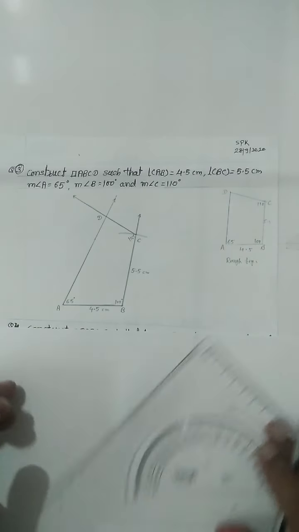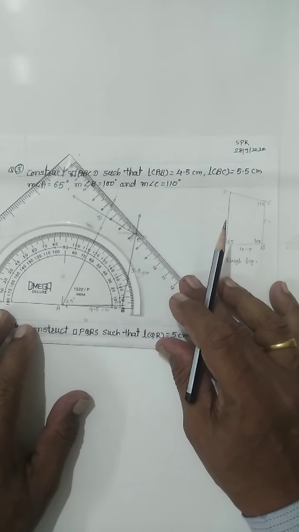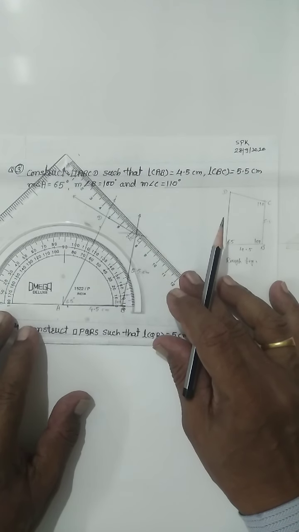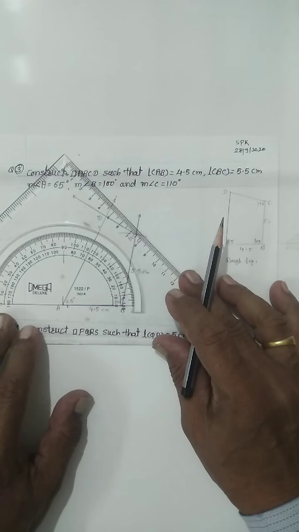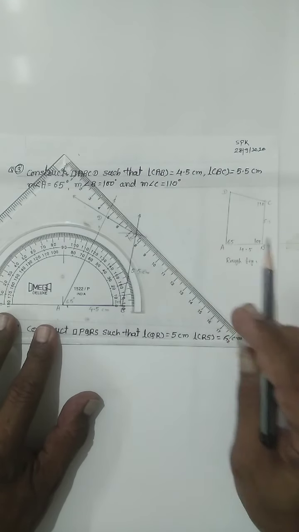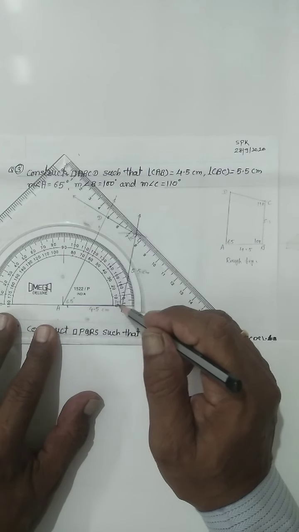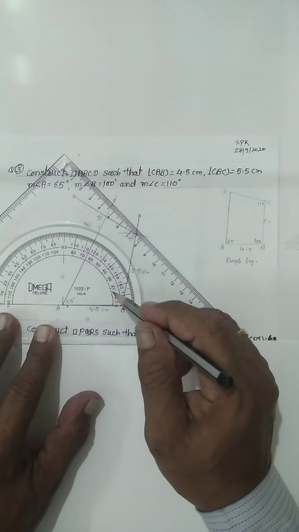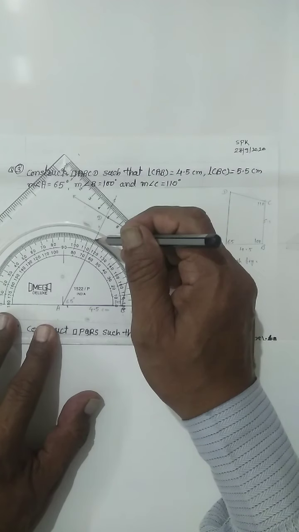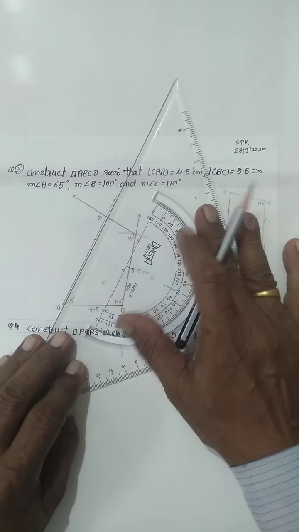Then put a protractor on point A, see the zero line of the protractor and take an angle 65 degree. See on the inner side reading 0, 10, 65. Take a point, then draw a ray which starts from point A.